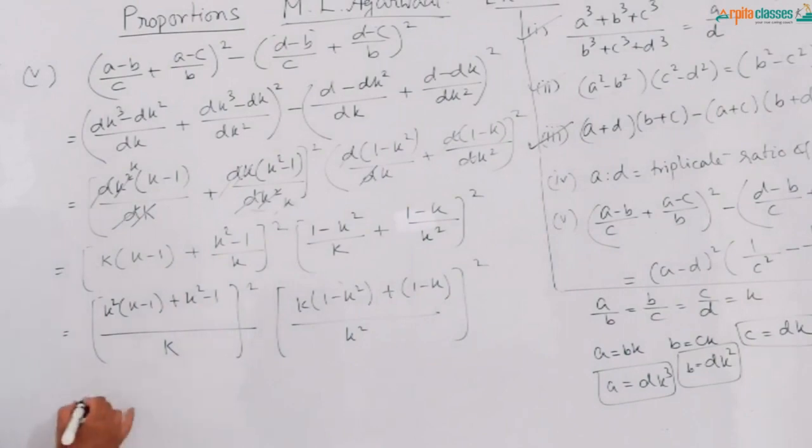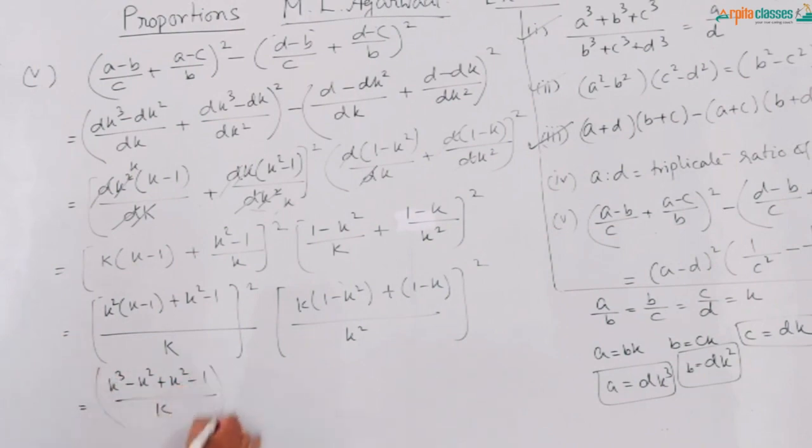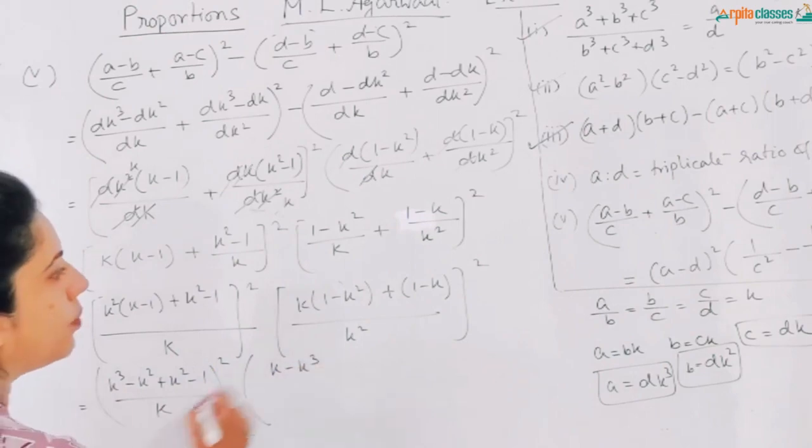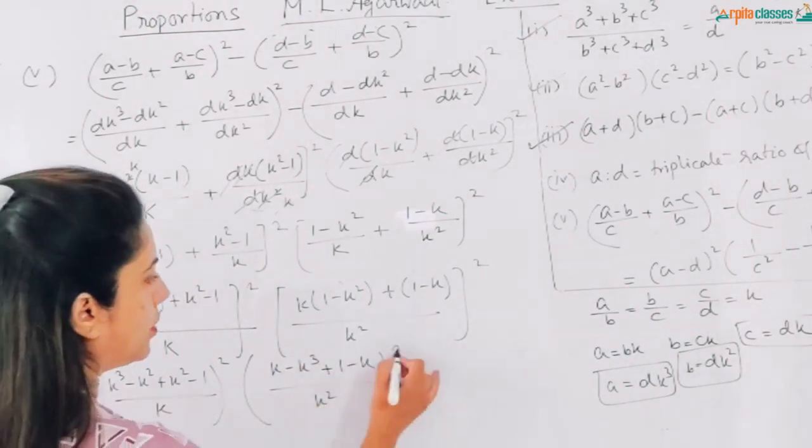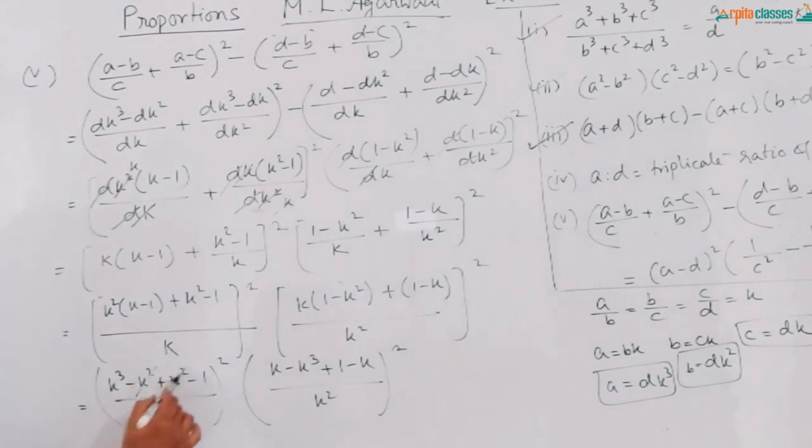Now this is k cube minus k square plus k square minus 1 upon k the whole square into k minus k cube plus 1 minus k upon k square the whole square. Here k square gets cancelled. So we are getting k cube minus 1 upon k, the whole square.